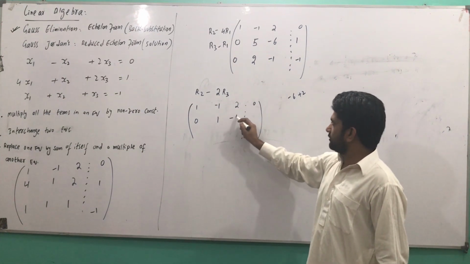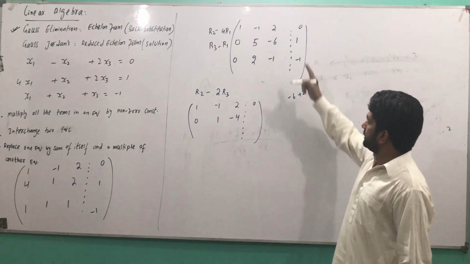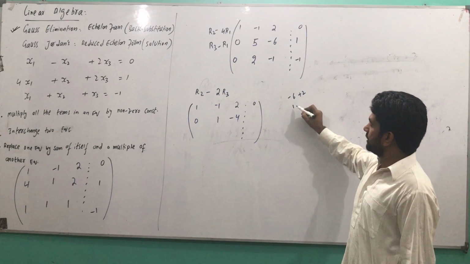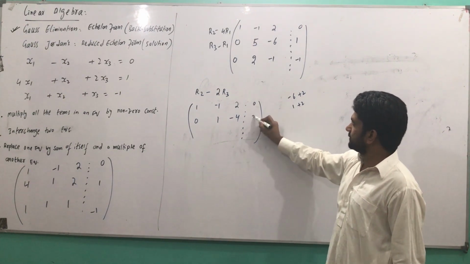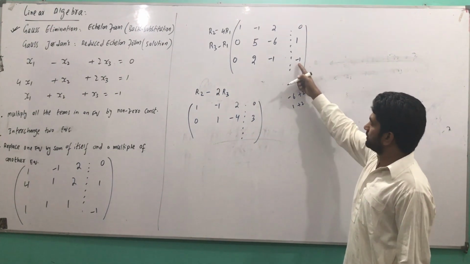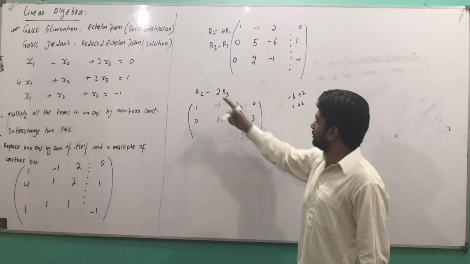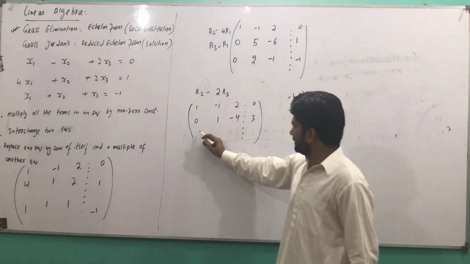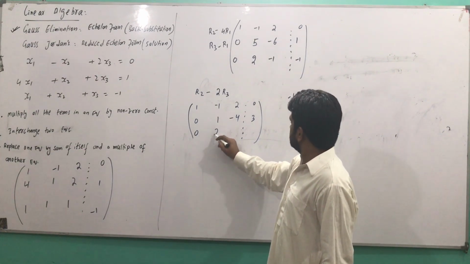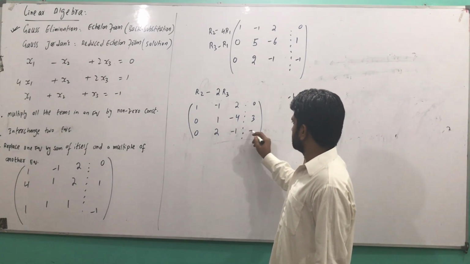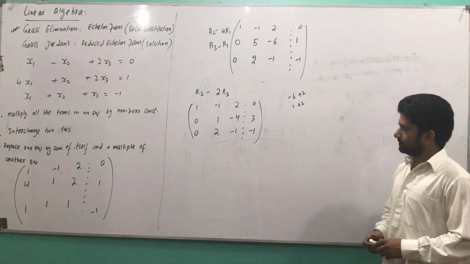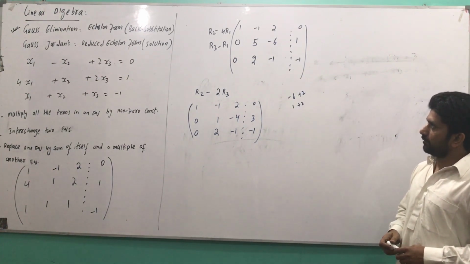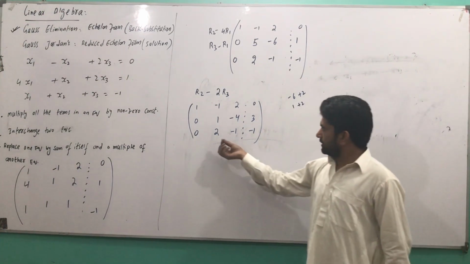So we have minus 4 here. And here we have 1 plus 2, which is 3, because this is minus, and when you multiply with minus 2, it will become plus 2. 1 plus 2 is 3. And this first row stays the same because we have not applied any operation on it. According to echelon form, we need 0 here.